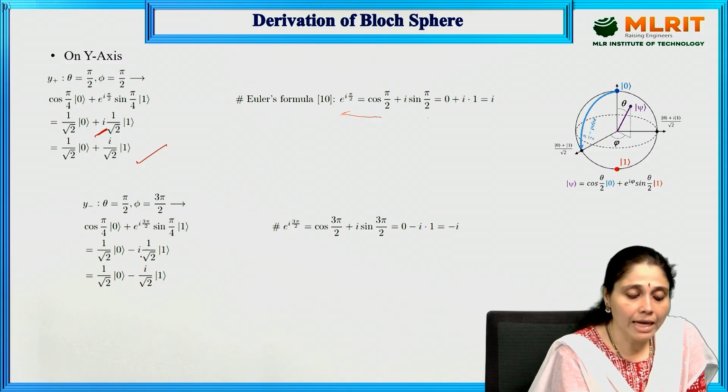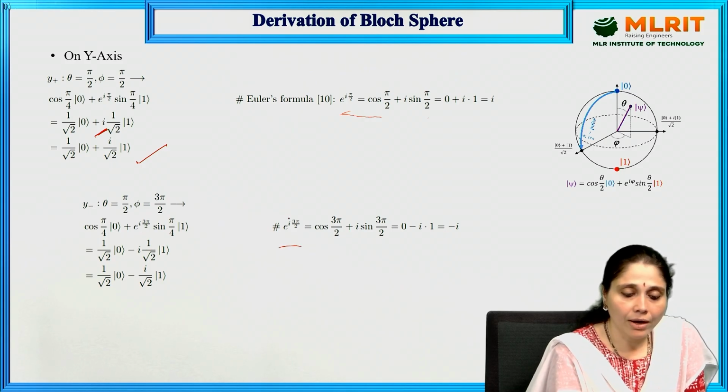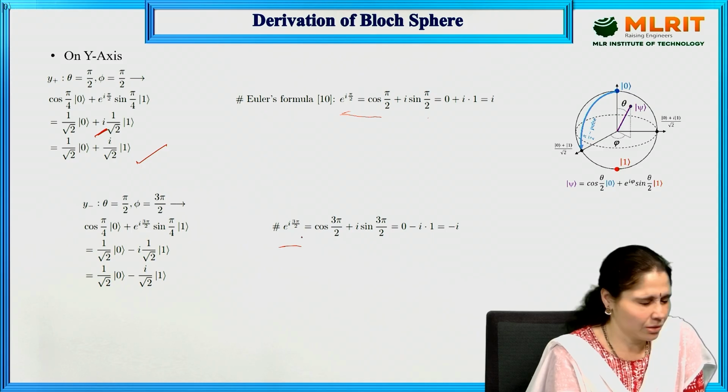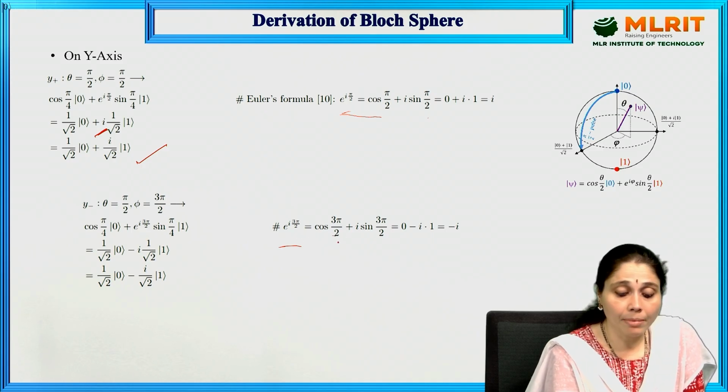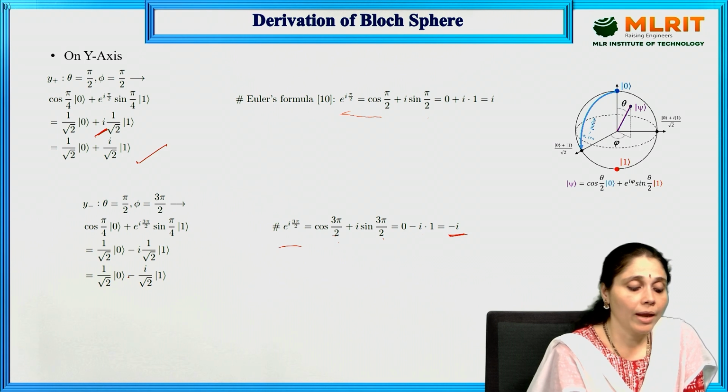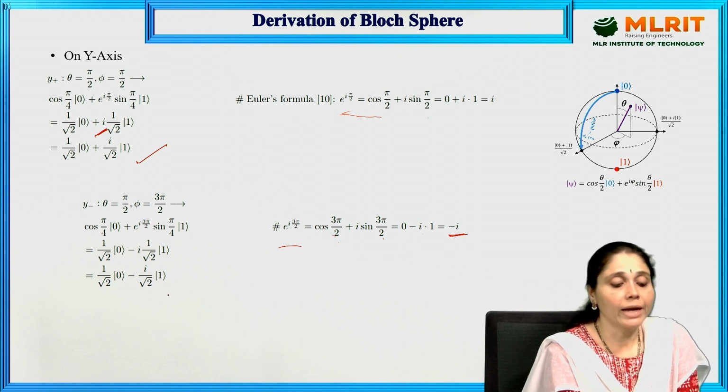So how did minus i come? From Euler's identity itself, e power i into 3 pi by 2 gives cos 3 pi by 2 plus i sin 3 pi by 2. Cos 3 pi by 2 is 0, sin 3 pi by 2 is minus 1. So this is equal to minus i. So 1 by root 2 ket 0 minus i by root 2 ket 1.